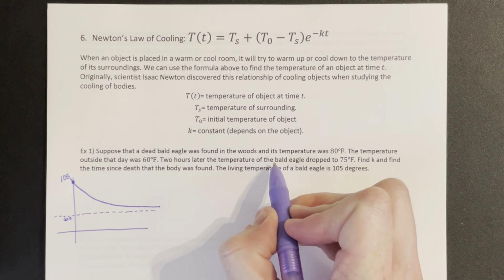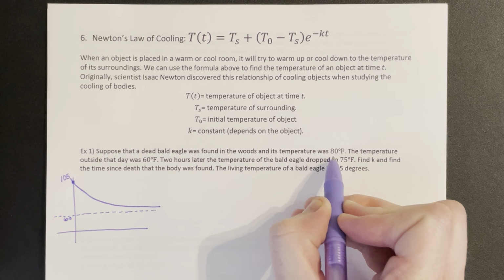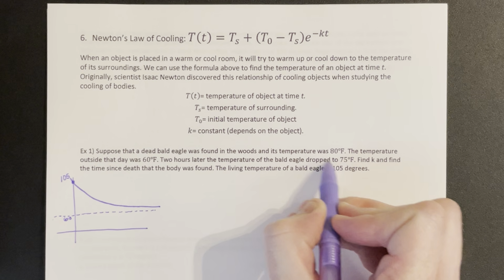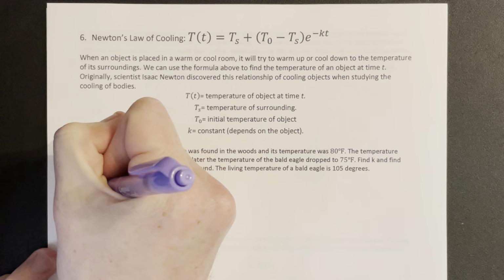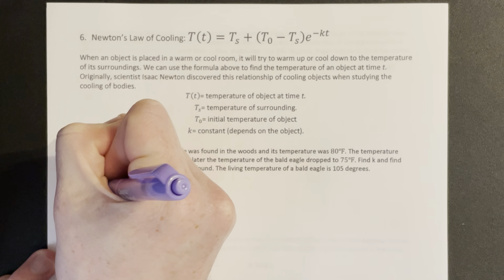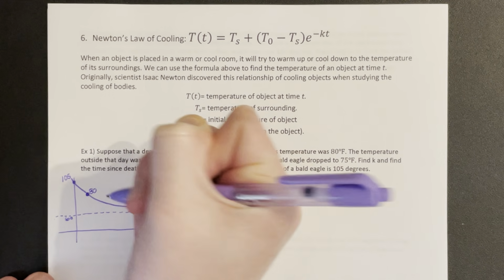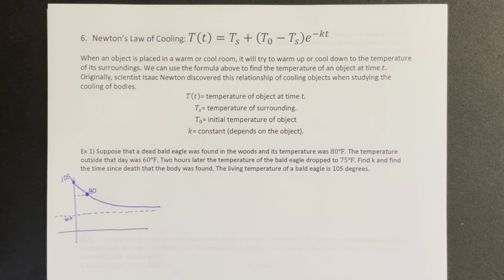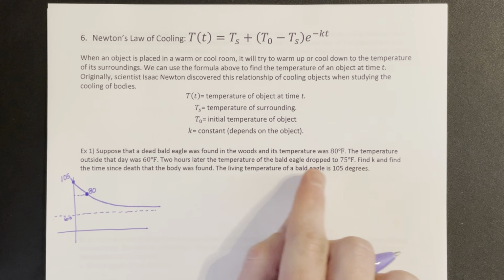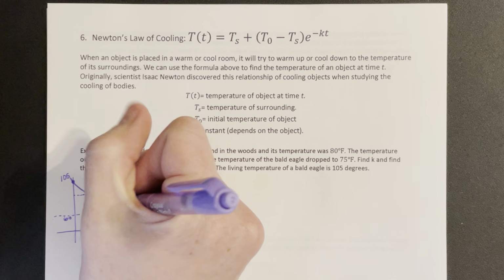What we know is that it was 80 degrees at whatever time we found it. So we know that it's going to reach 80 at some point. And then 2 hours later, it's going to drop to 75.